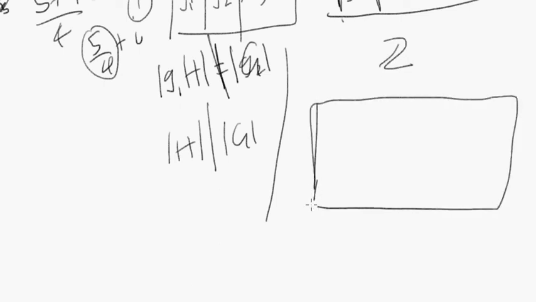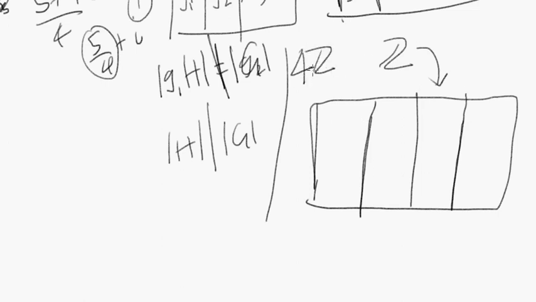We get the group of integers right here. We create 4 cosets. Let's write it out again. Here we're considering our subgroup to be 4Z. We look at the coset 0 plus 4Z, the coset 1 plus 4Z, the coset 2 plus 4Z, and the coset 3 plus 4Z.